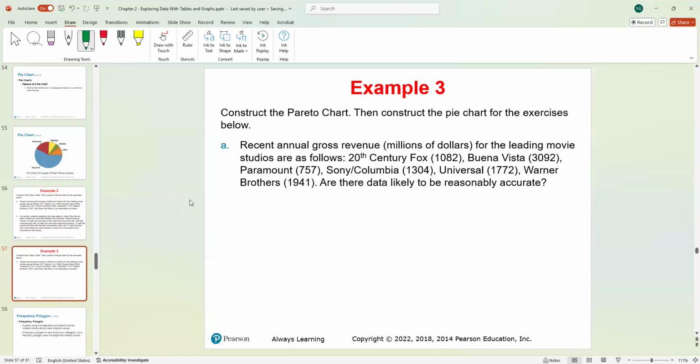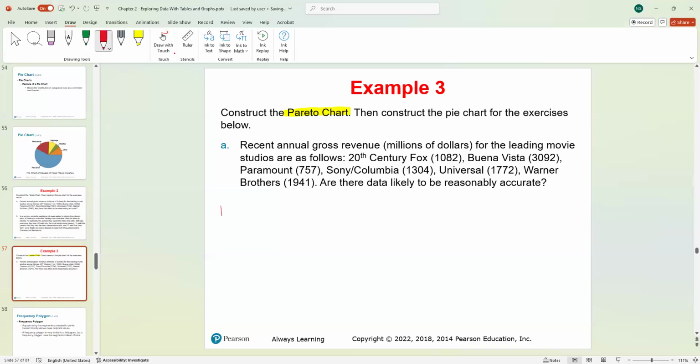construct a Pareto chart. So we're going to construct a Pareto chart. Remember, we use a Pareto chart to display qualitative data or categorical data. So we can construct both a pie chart and a bar chart for this. Let's construct a Pareto chart first.